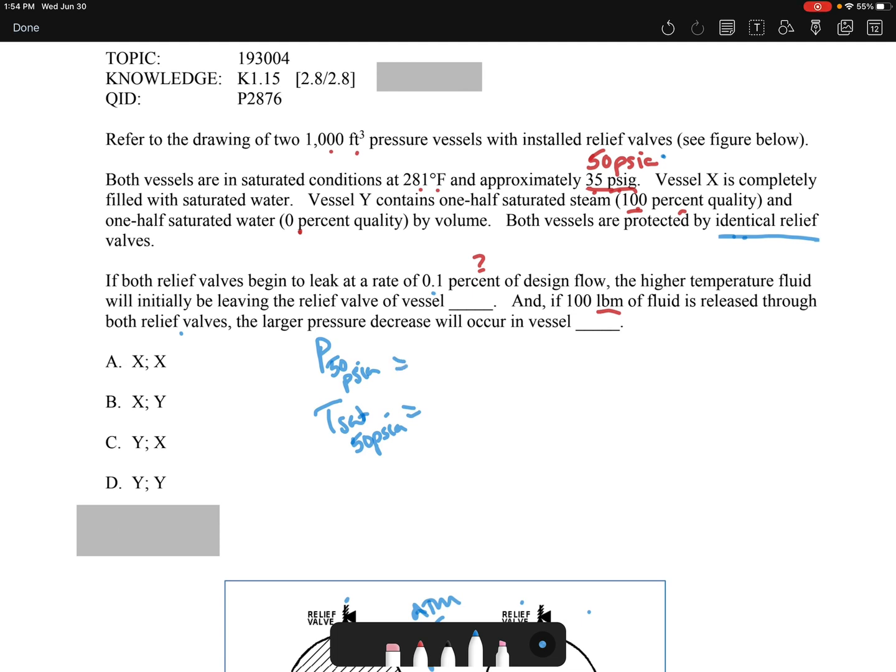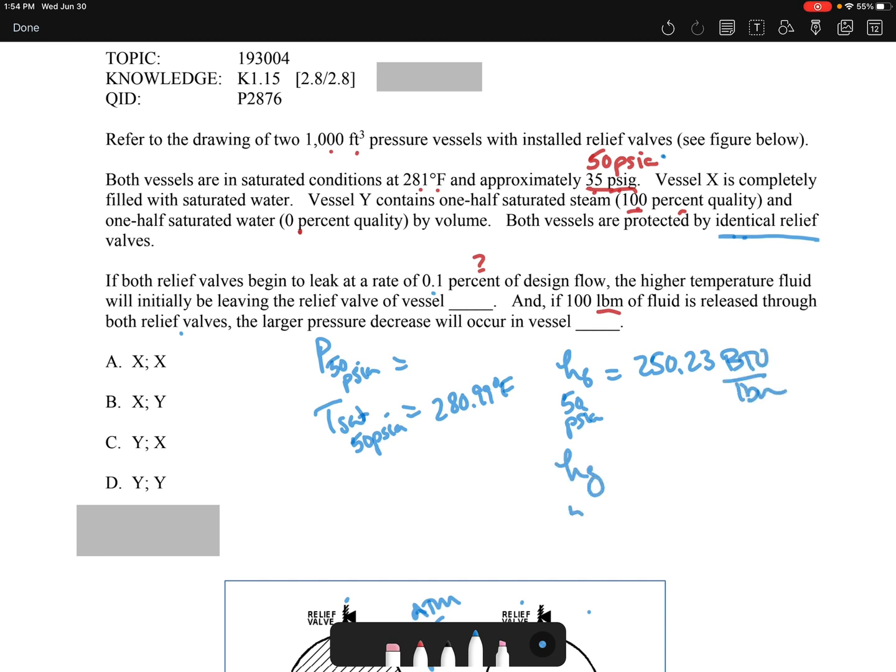So we look at table 3, because table 3 is the best table. It's the easiest one to read. And on page 16, you look at 50 psia, you get saturation temperature of 280.99 degrees Fahrenheit. Now the enthalpy there at 50 pounds of water, the hf is 250.23 BTUs per pound mass.